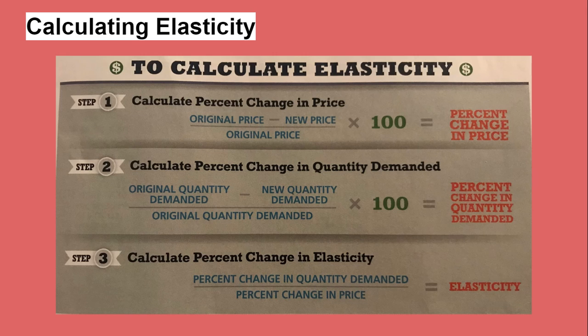Keep in mind that if you get a negative number, you drop that negative and it just looks positive. Okay, so if you get negative 14%, drop the negative and you're going to get 14% because it's easier to look at numbers that way. It's easier to graph that way. That's why they do it. So that's how you calculate elasticity. This is super simple if you follow step by step, okay?